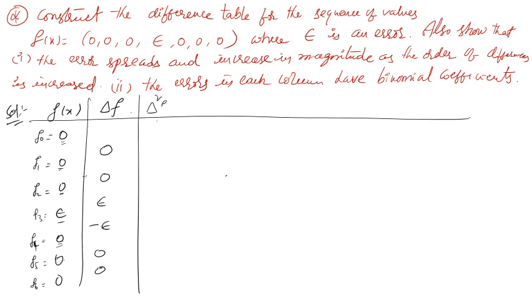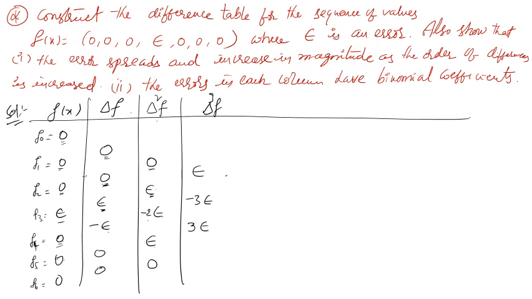Now coming to second order differences, delta square f0: epsilon minus 0, epsilon, then minus 2 epsilon, then 0 minus epsilon, epsilon, and this is 0, right?